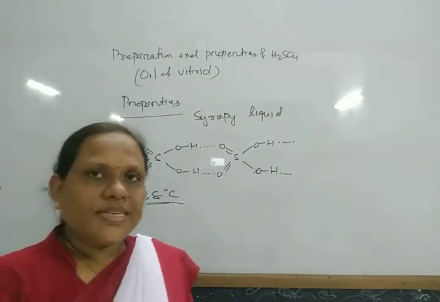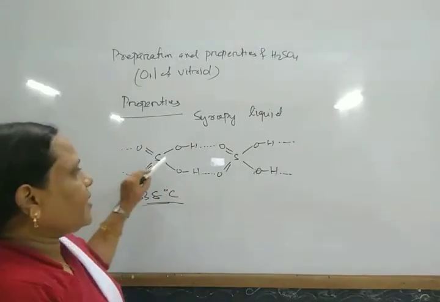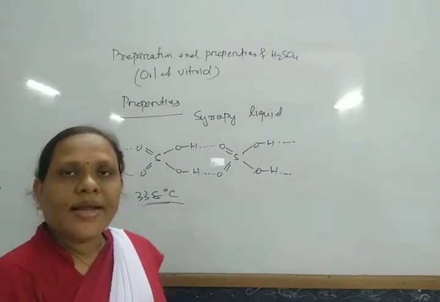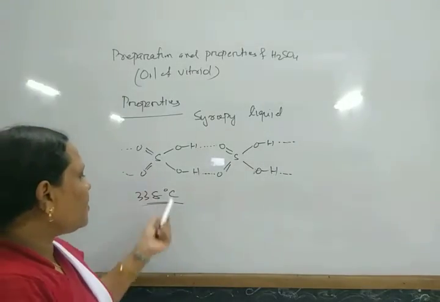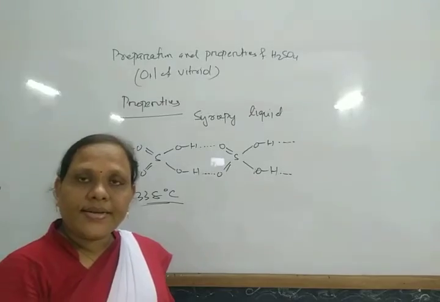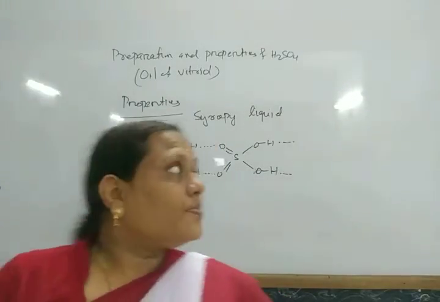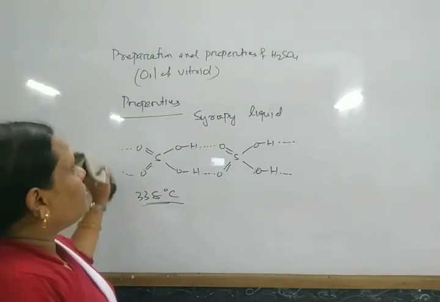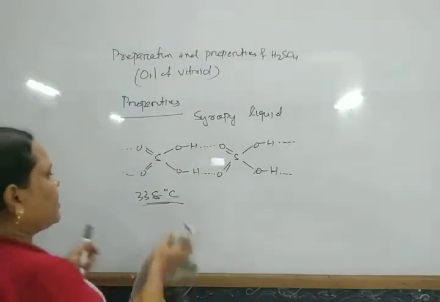Due to this intermolecular hydrogen bonding, it exists as a liquid and its boiling point is also high, about 338 degrees Celsius. These are the physical properties of sulfuric acid.